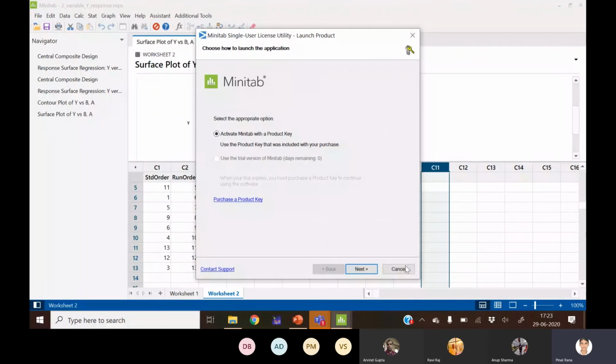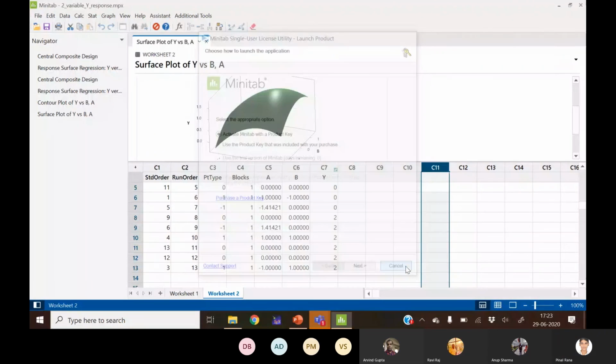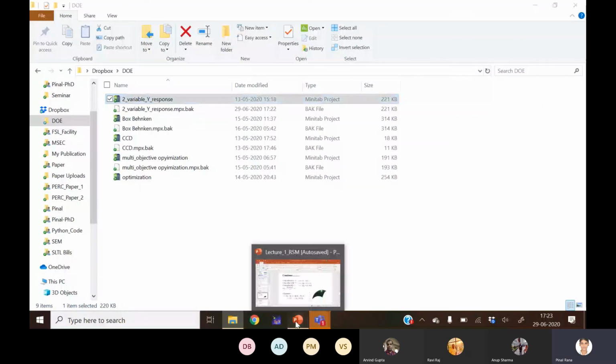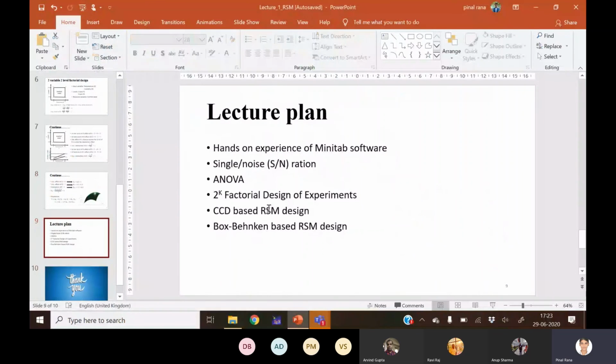In the next lecture, I will try to give some hands-on experience of Minitab. Then we will see the signal-to-noise ratio and ANOVA, which is analysis of variance. It is a very important tool for statistical analysis. Then we go into the RSM technique.